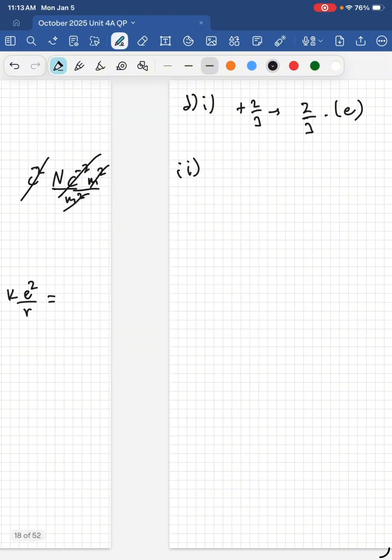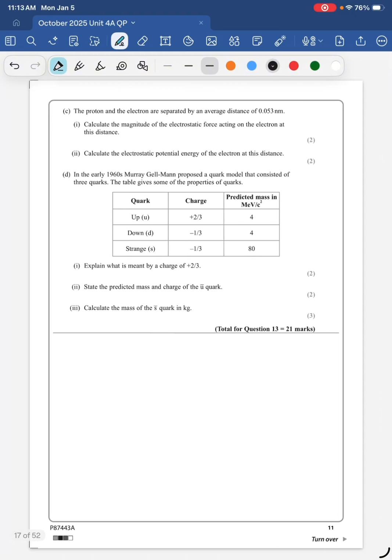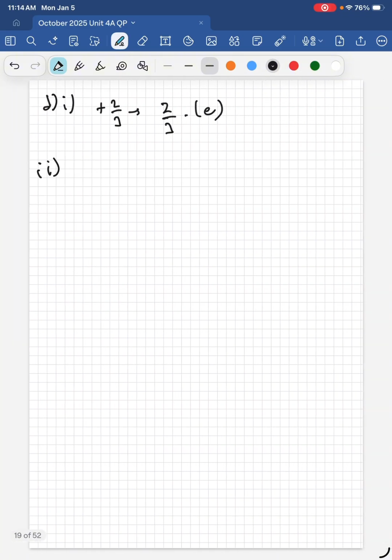So let's look at question number 2. State the predicted mass and charge of the u bar quark. The mass is going to be the same as the up quark, so the mass of the u bar is equal to the mass of u, 4 MeV over c squared.